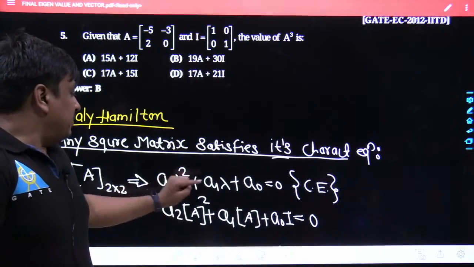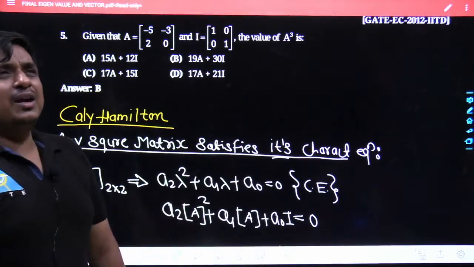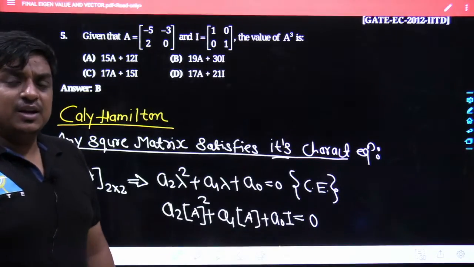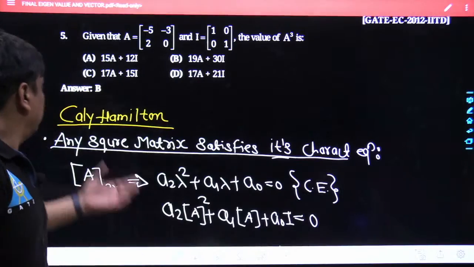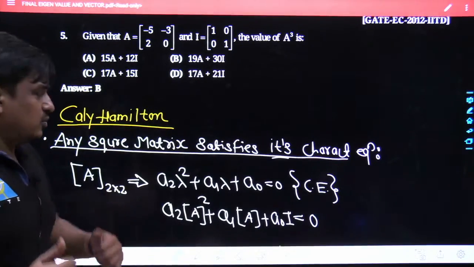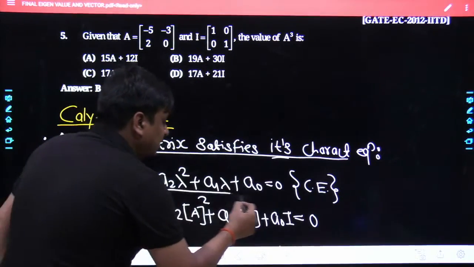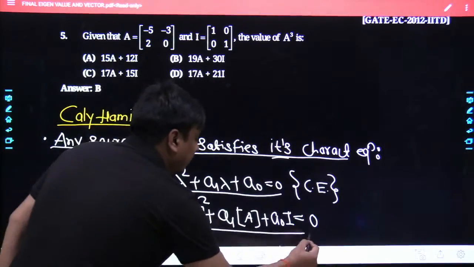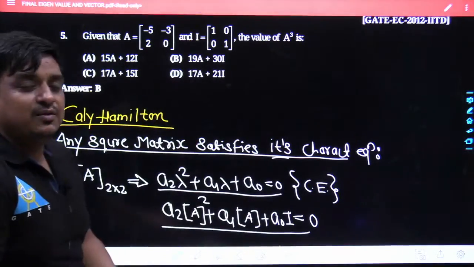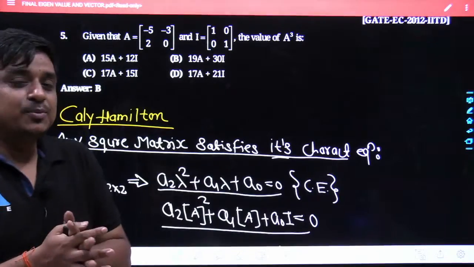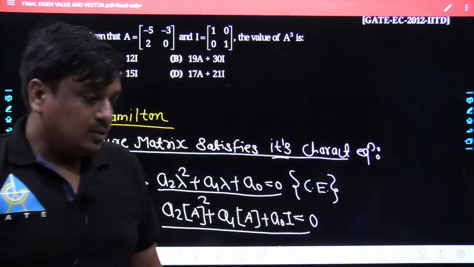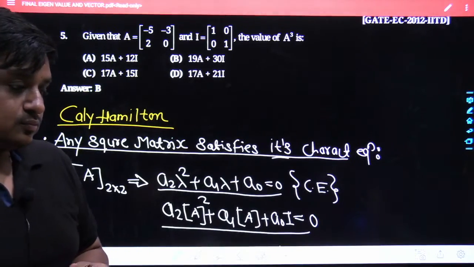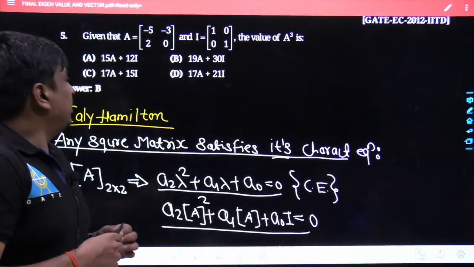Now instead of lambda, you are feeding A. Although you might be thinking, sir, everything is fine, it can be done, it is a very important conclusion that Cayley-Hamilton brought out. Here it was playing with numbers, but here we are playing with the matrix. But as we have talked about eigenvalues and eigenvectors, they had to get satisfied.